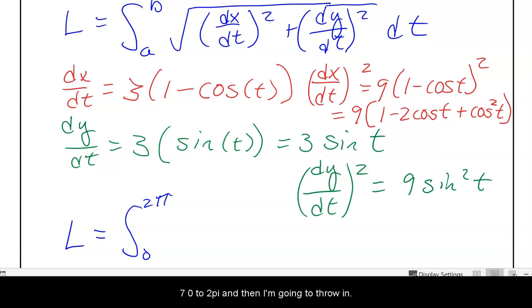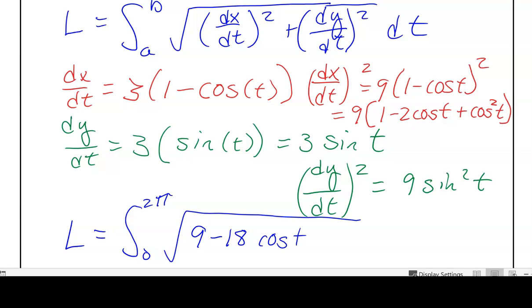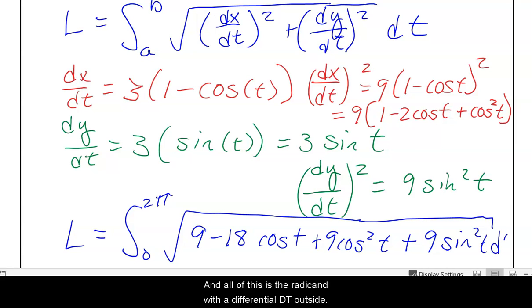So 0 to 2 pi, and then I'm going to throw in dx/dt squared and dy/dt squared, and I'm going to distribute the 9. So I get 9 minus 18 cosine t plus 9 cosine squared t, and then dy/dt quantity squared is plus 9 sine squared t. And all of this is the radicand with the differential dt outside.